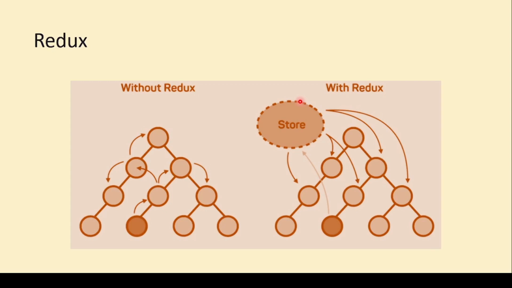Instead of manually passing the data through every component, there will be a central store. For example, the group chat. This will hold the state. Any component can directly access and update the store, making communication faster, easier, and even more organized.